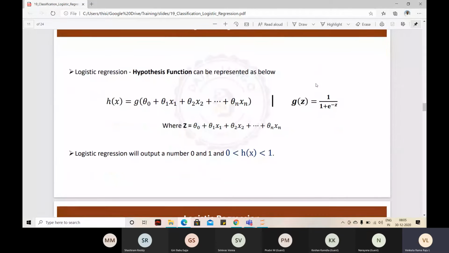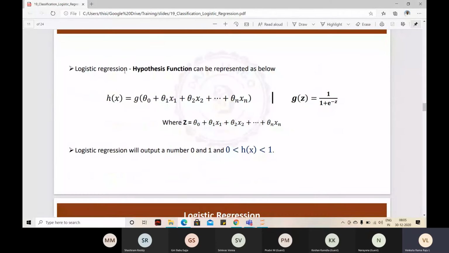So the hypothesis function for the logistic regression algorithm is h of x equals g of the linear regression equation. In linear regression it is just that equation, but in logistic regression, it's a function of that equation.